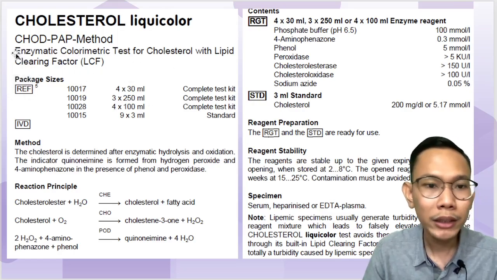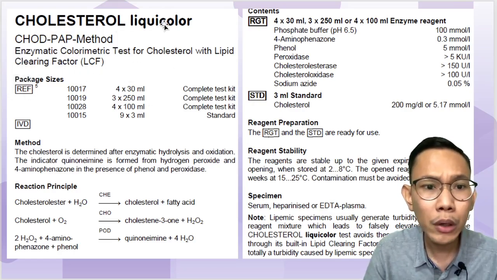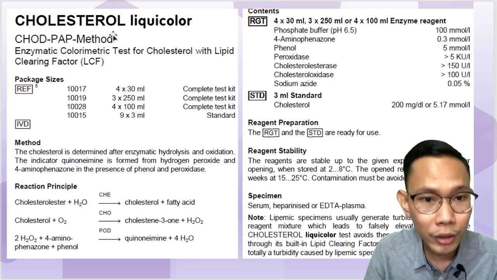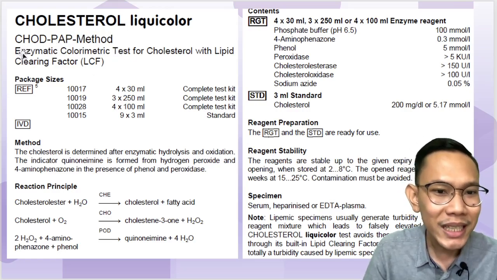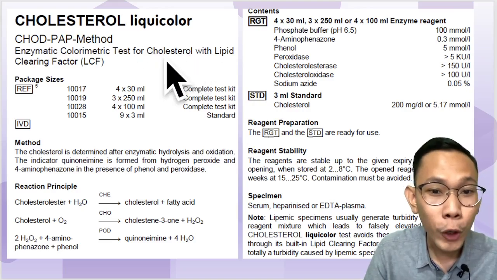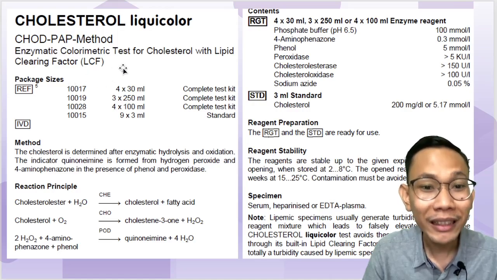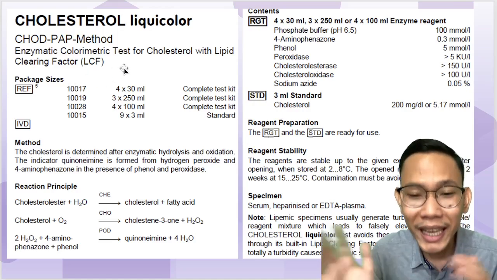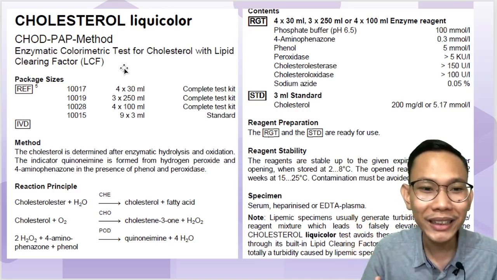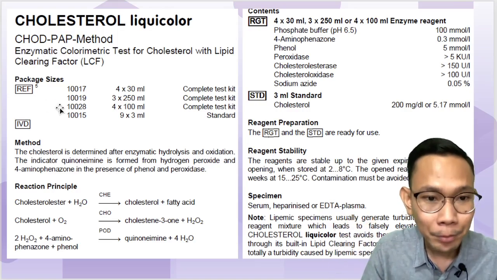Again, let's start with cholesterol. This is a cholesterol liquid color test using the CHOD-POP method. This is an enzymatic colorimetric test for cholesterol with lipid clearing factor. This is the test being employed; usually we use enzymatic tests.